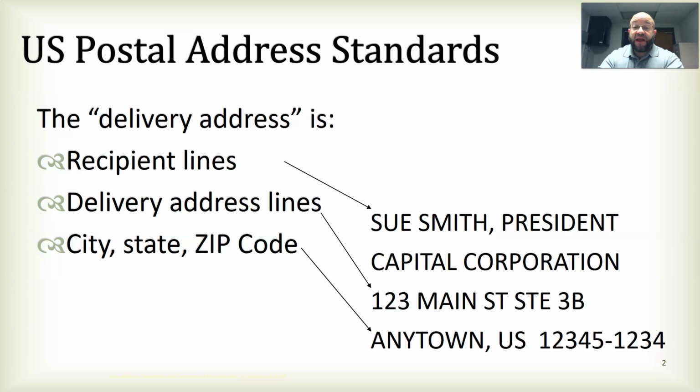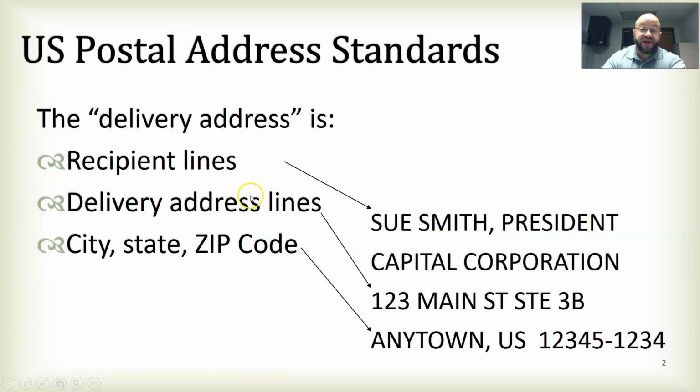In this case, this parcel is going to Sue Smith, who fulfills the role of president for a make-believe business called the Capital Corporation. So it took up 2 recipient lines. Again, person, title, business. Makes sense.